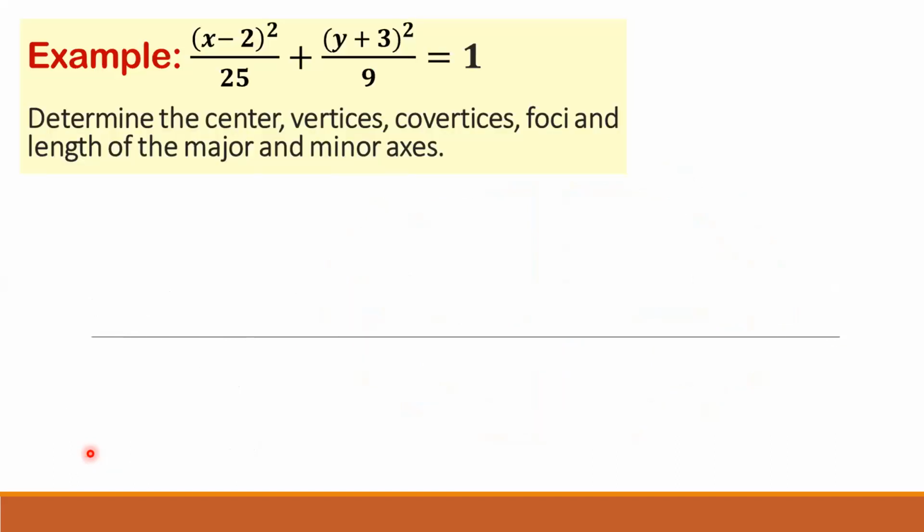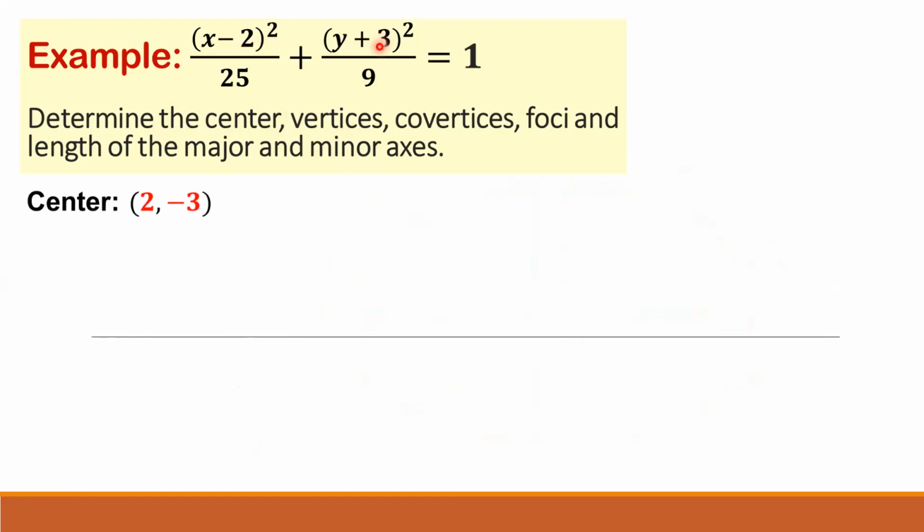Let's take a look at this example. We have this equation. Let's determine the center, vertices, co-vertices, foci, and length of major and minor axis of this ellipse. Okay, so ang center natin, very obvious, no? It's 2, -3. So parang nasanay na tayo dun sa paghanap ng center ng circle natin. So 2 and -3.